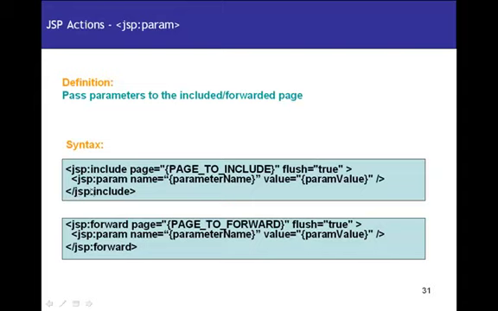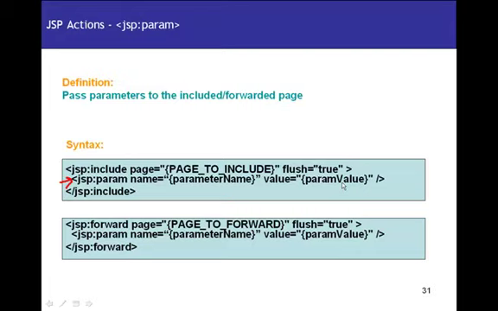So let's say I want to include a page, but the contents of the page depend on certain values which come from the main page, right? Let's say in my included footer page, I want to display things like page 1 of 4 or page 2 of 4. So I pass that page number value using the JSP param, with the parameter name as page number and 1, 2, 3 as the value, right?